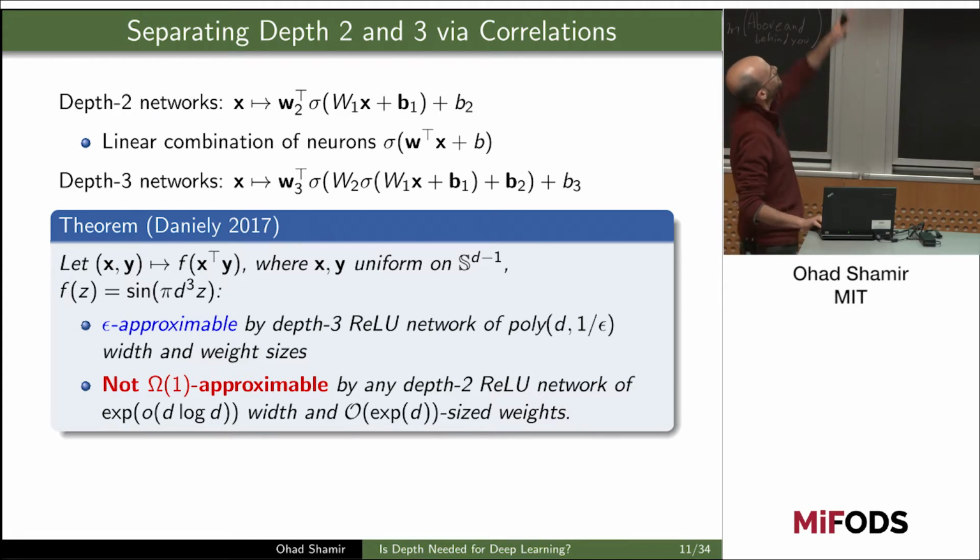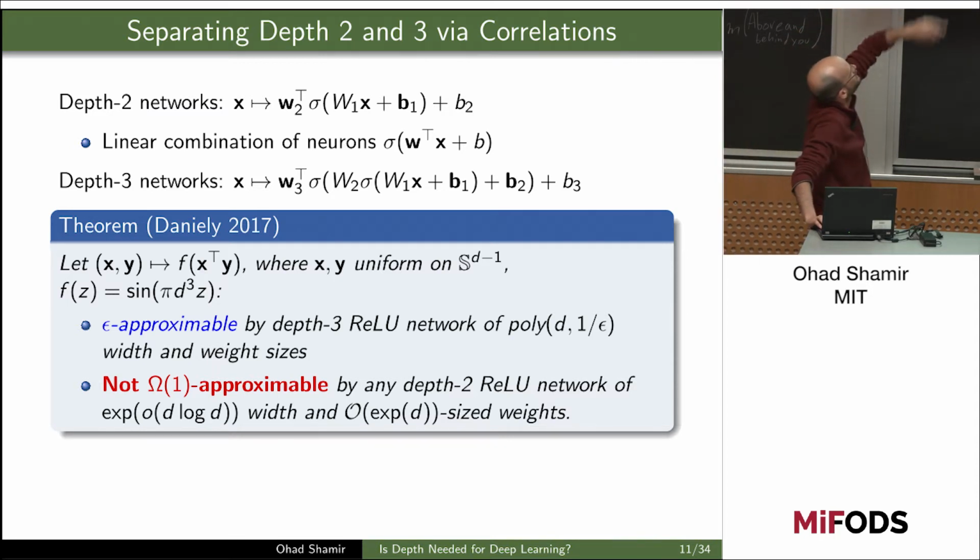Then on one hand, you can approximate it efficiently with a depth-3 network with polynomial size. But on the other hand, you can't approximate it with a depth-2 ReLU network unless the width is more than exponential in the dimension, as long as the weights, the size of every entry in these matrices, is at most exponential in the dimension. Okay?